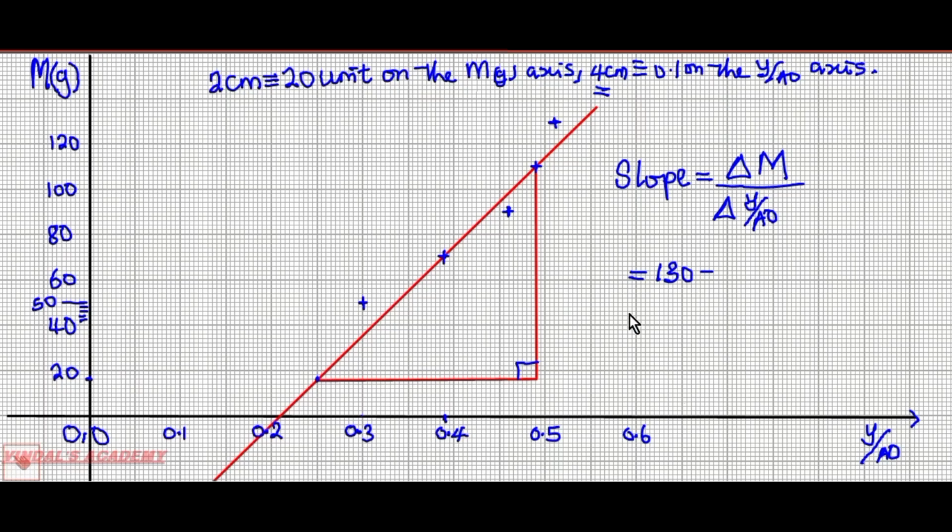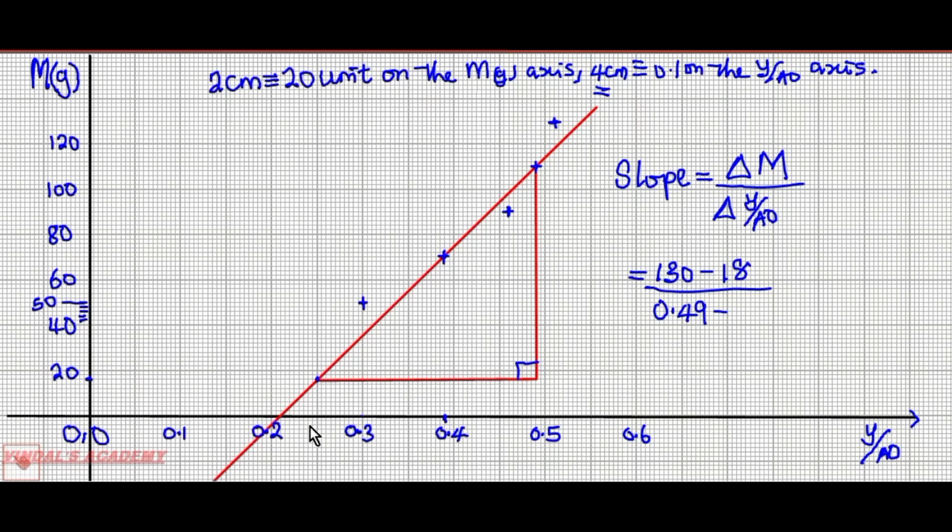All right. So now the first one is 130 minus 18. Then if you go to the x-axis, that is going to be 0.49, minus, I think 0.25, because from here trace it down to the x-axis, or 0.24.